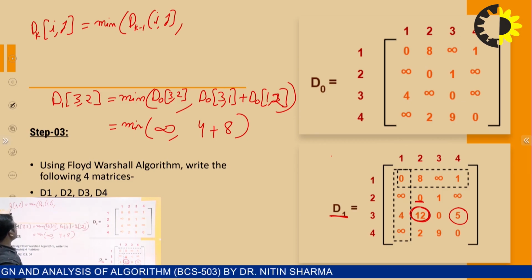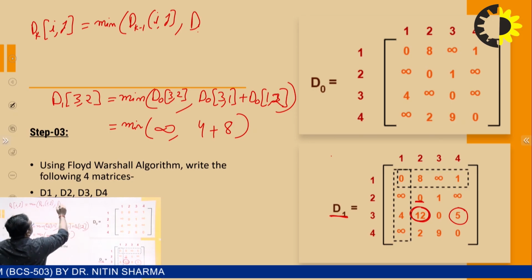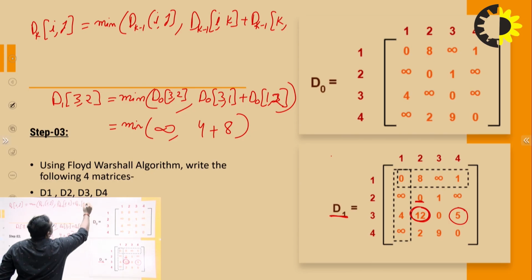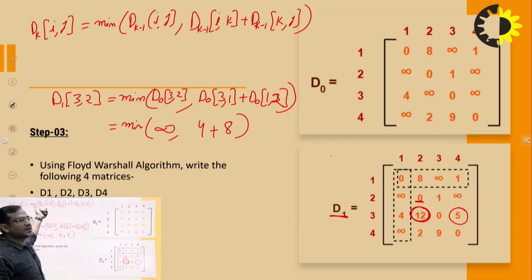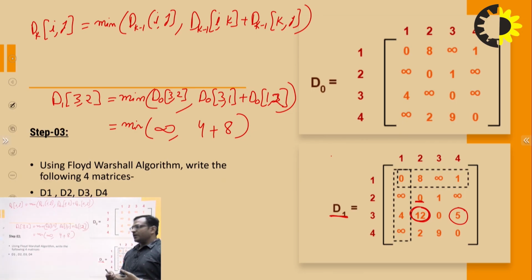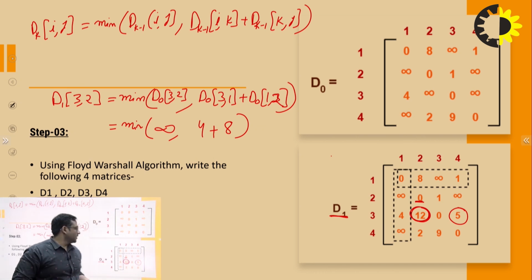So I am calculating K from the previous matrix. This is basically the function which you calculate repeatedly. Similarly, you can apply this on your own.